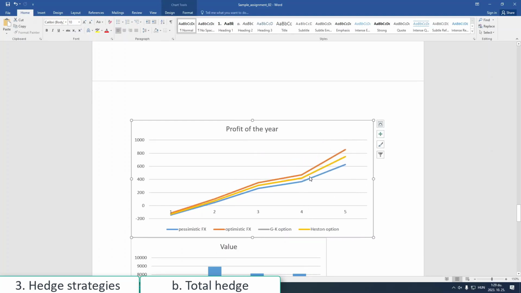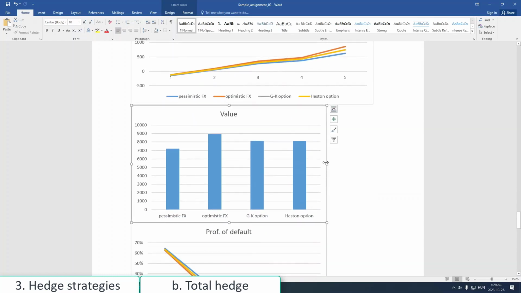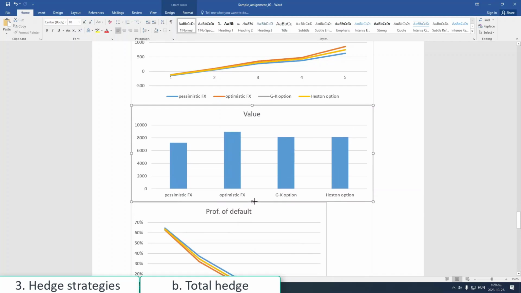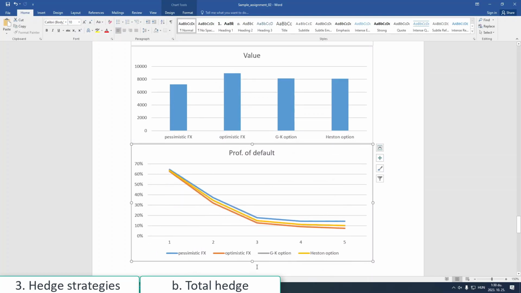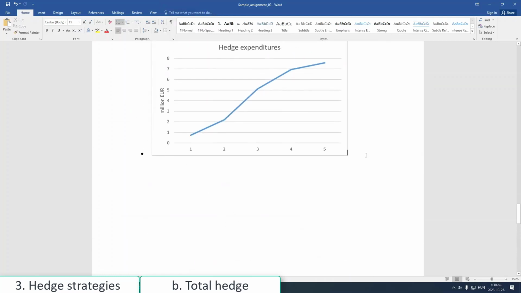Can we see any difference? So somehow they should be somewhere in terms of profit, just we cannot see it because they are overlapping. In terms of value, yeah, they are somewhere in between. In case of probability of default, we are also not able to see it.